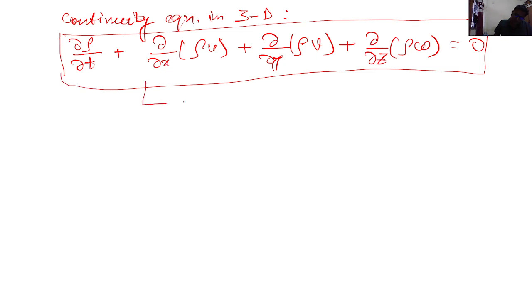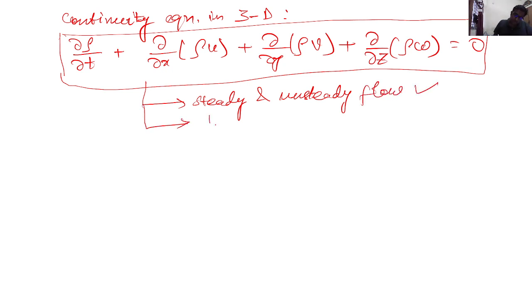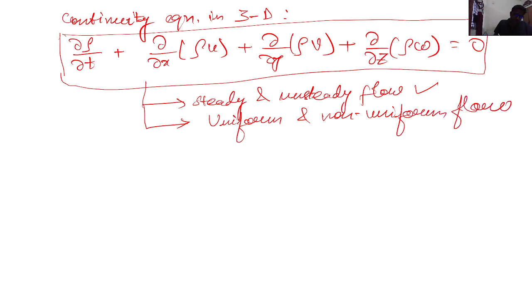Now this is valid for both steady and unsteady flow because it's a generalized expression. This is also valid for uniform and non-uniform flow, and also for compressible and incompressible flow.